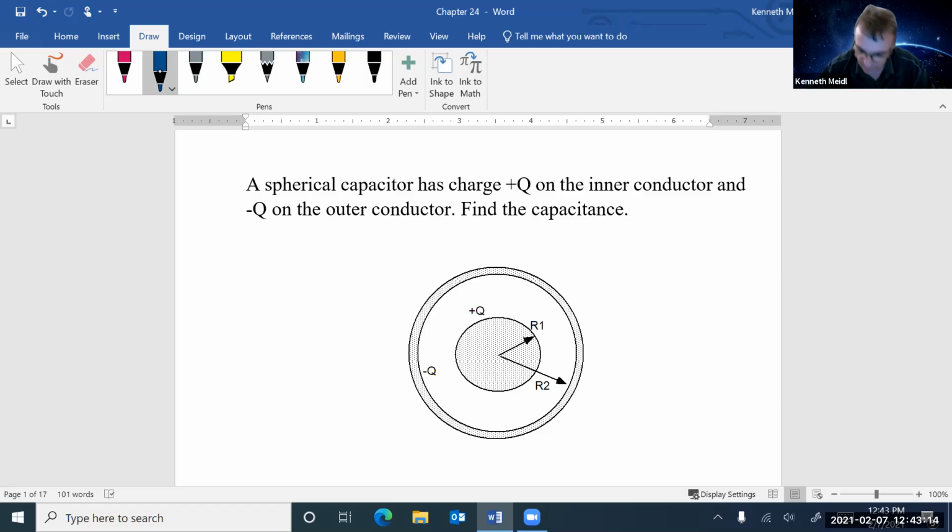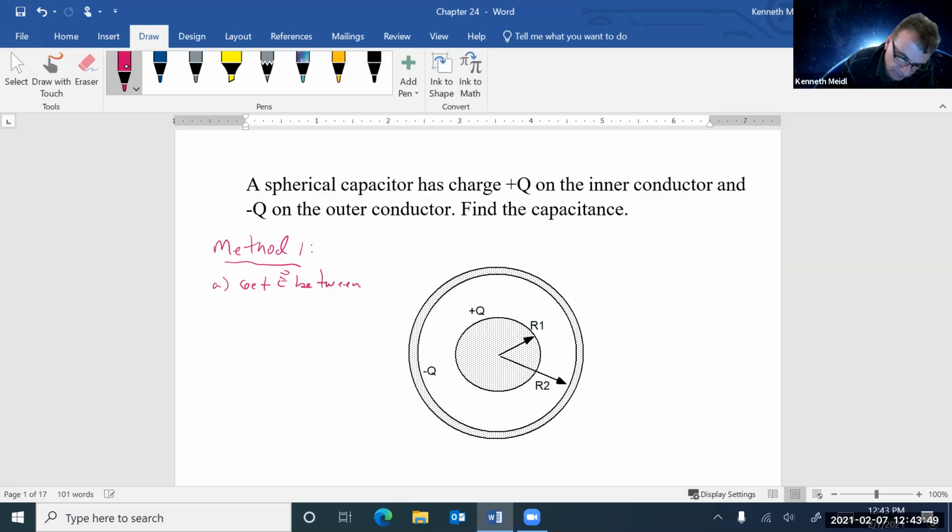Okay, let me give this some thought here. I think I'm going to use the same strategy here. In fact, just because I think it's instructional, I'm going to use that same method we just did. And that is, get the electric field between the plates, since all the action here is taking place in between the plates.